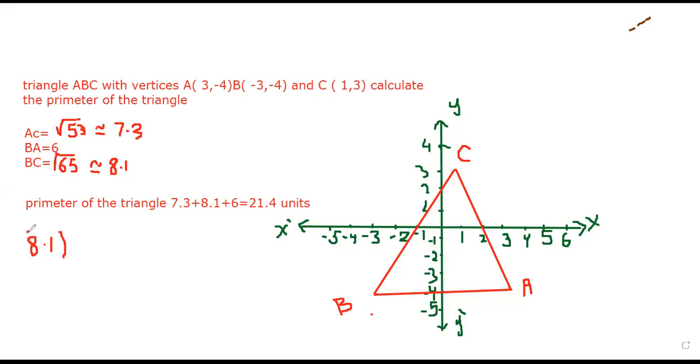We will put 8.1 to the power of 2 on one side, and on the other side 6 to the power of 2 plus 7.3 to the power of 2, and then we put the sign. If they are equal, it will be a right angle triangle. If 8.1 squared is greater, it will be obtuse. If it's less, it will be an acute angle triangle.